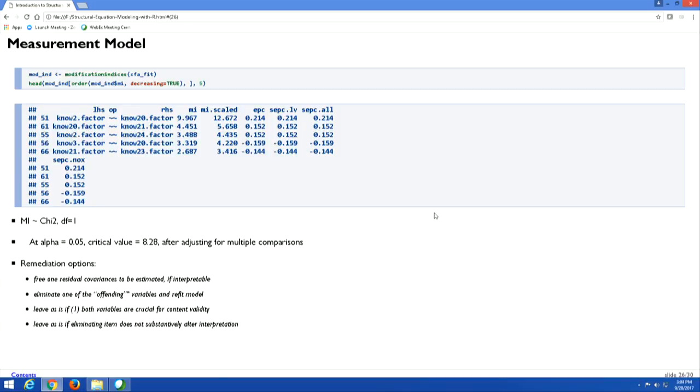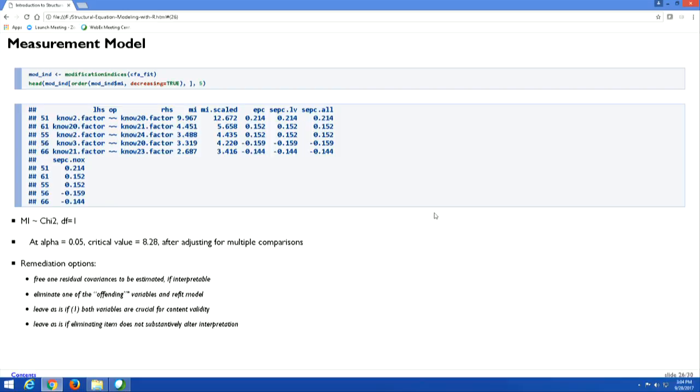So I set alpha at 0.05, and after adjusting for multiple comparisons, the critical value rounds to 8.28. And in this case, I have one variable pair, variable number 2 and variable number 20, that is above that. So that's a significant residual correlation, which suggests that we don't have a really great fitting model for at least those 2 variables, possibly for more.